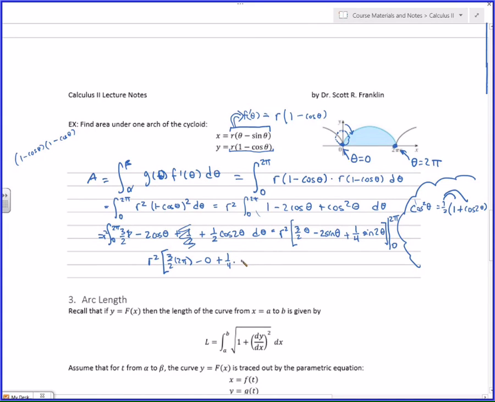Sine of 4 pi is 0. And then minus, I plug in 0, I get 0, 0, 0. So really all these are gone. And what I end up with is the 2's cancel, 3 pi r squared is the area underneath there.